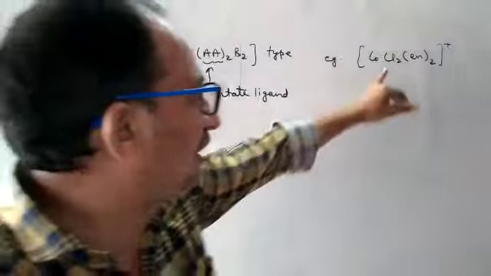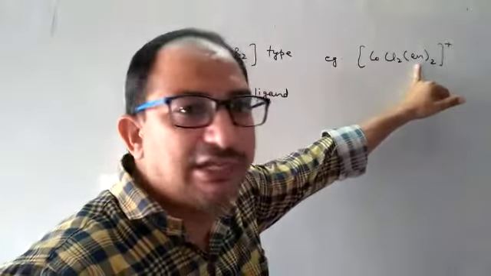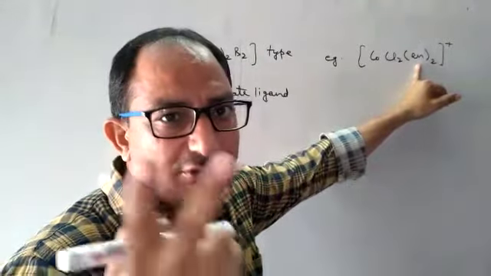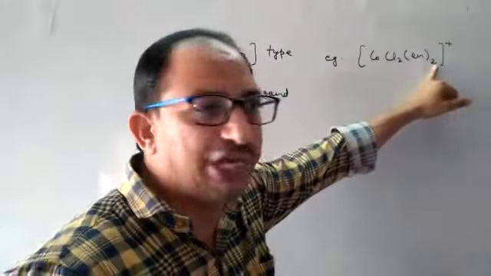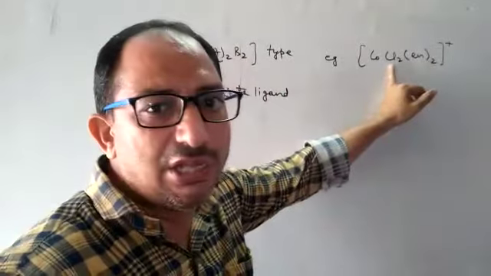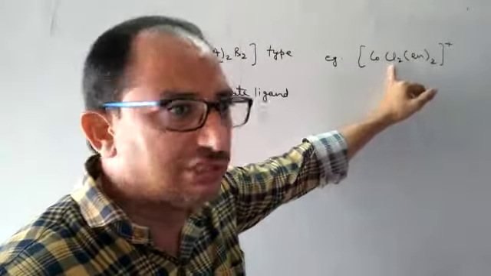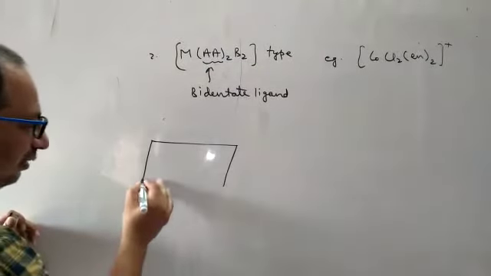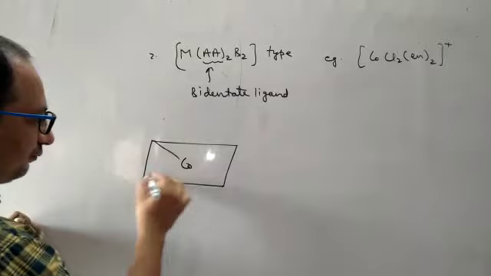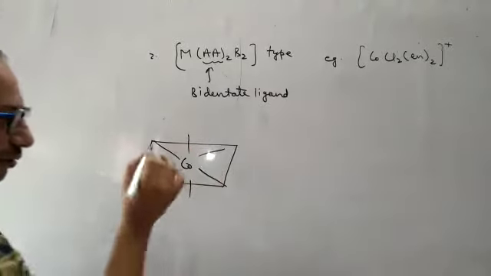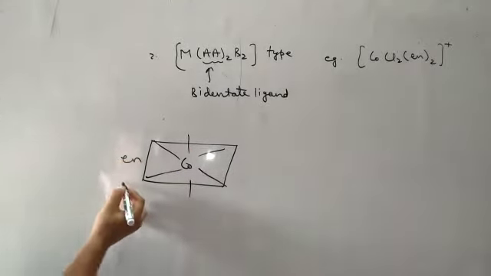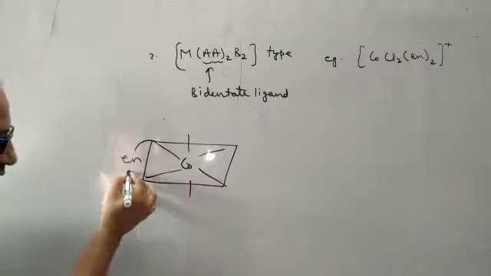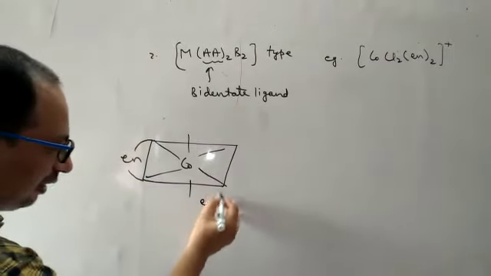Again, see the coordination number. Since it is a bidentate ligand, one en donates 2 lone pairs, so 2 en donate 4, and 4 plus 2 is 6. Again, the coordination number is 6, the shape is octahedral. The en is attached at two positions.